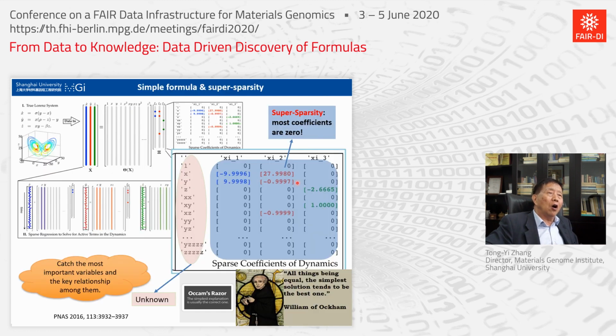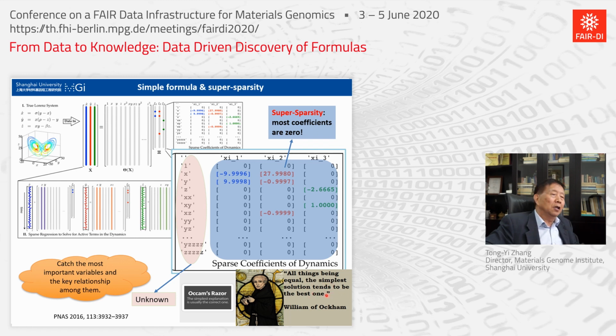So we want our formula to be as simple as possible. In mathematics we handle this with sparsity. We think that, all things being equal, the simplest solution tends to be the best one.